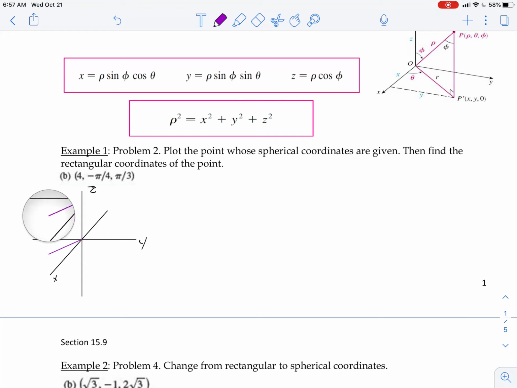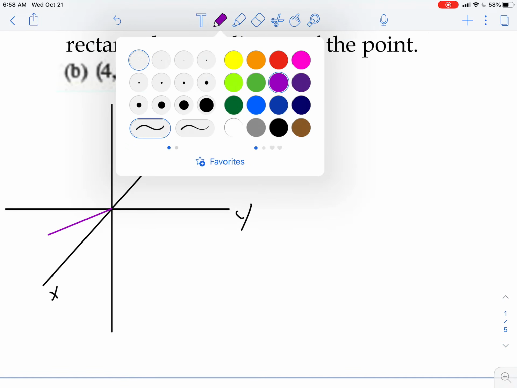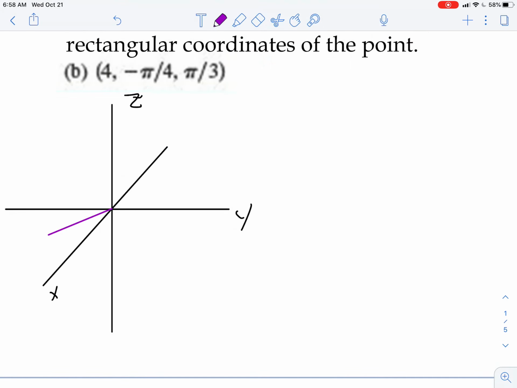So if theta is negative pi over 4, we're going to go back and right in between the positive x-axis and the negative y-axis. And here I just want to try to bring it out as far as just about right there. And so I'm going to label that.